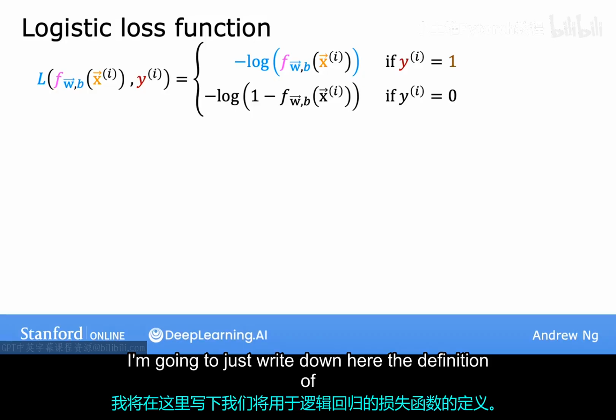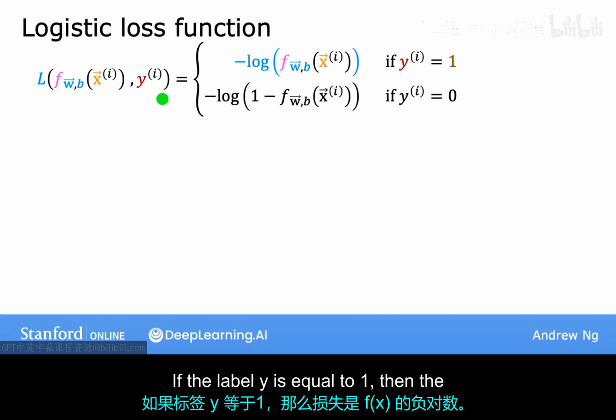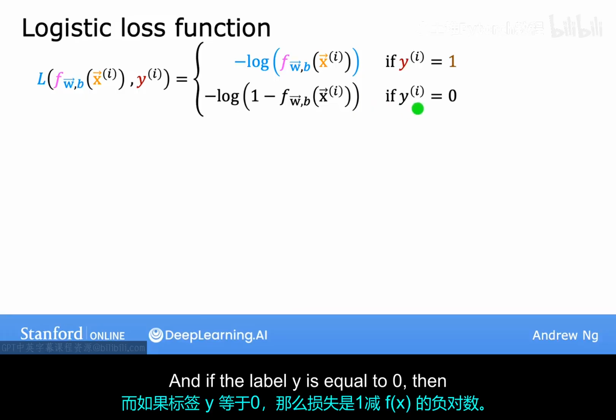I'm going to just write down here the definition of the loss function we'll use for logistic regression. If the label y is equal to 1, then the loss is negative log of f of x. And if the label y is equal to 0, then the loss is negative log of 1 minus f of x.